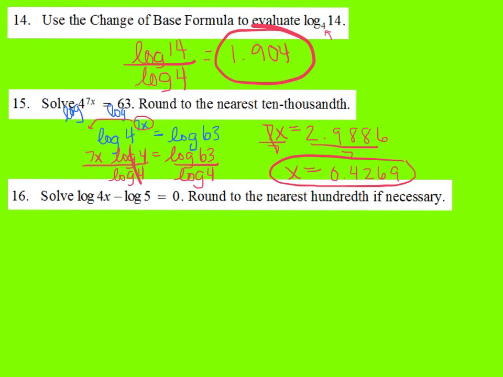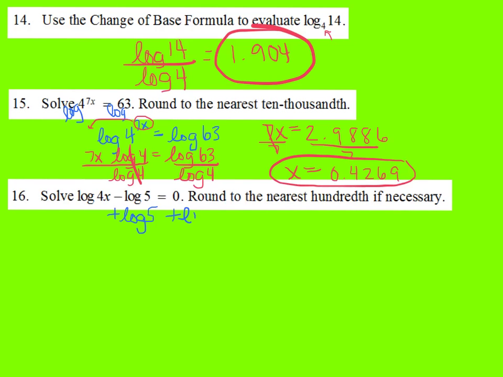This next problem is solved a little bit differently. I have 2 logs on this side, but something that I see right away is that it's equal to 0. So I'm going to do something that's going to make this problem a lot easier for me to solve. I'm going to move this entire log over to the other side of the equal sign.